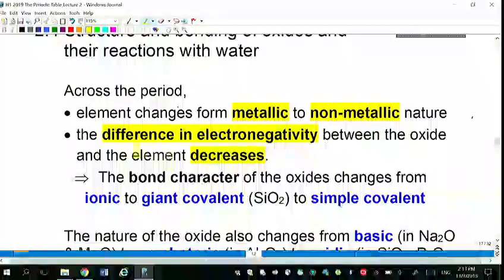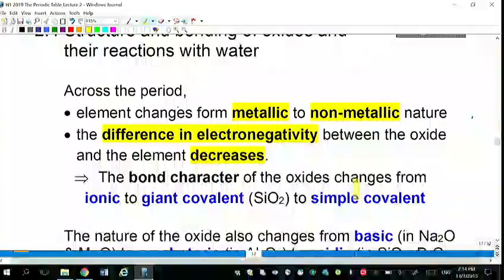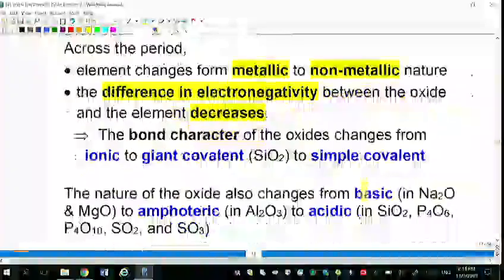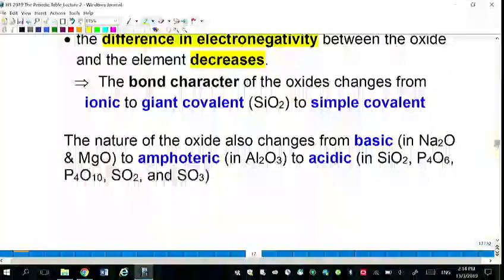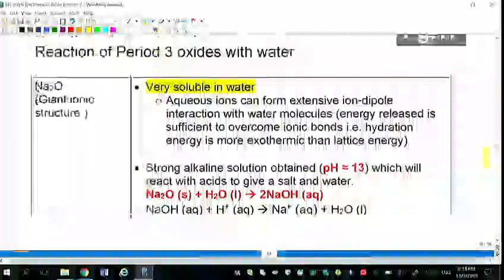So it changes from ionic, which is your sodium oxide, magnesium oxide, and aluminum oxide, to a giant covalent, which is your silicon dioxide, and then to simple covalent, like your P4O10 or your SO2, SO3. So here, let's just look at sodium oxide first.